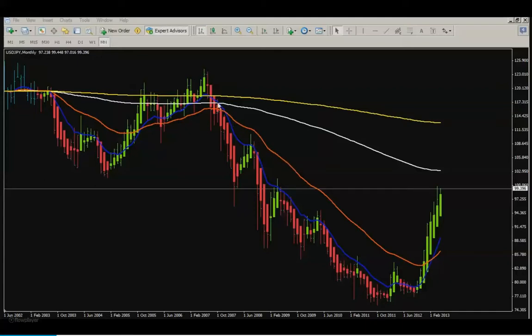So you see a crossover of the 12 and the 36, the 12 crossing the 36 to the downside. The price stays under the 12 EMA and under the 36. This is telling us that we have a strong downtrend here where you see my mouse.